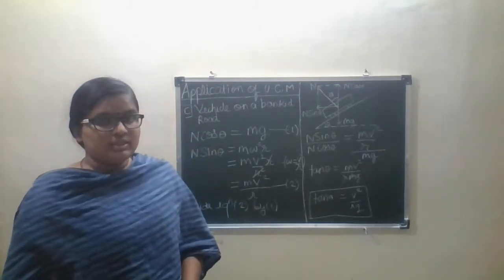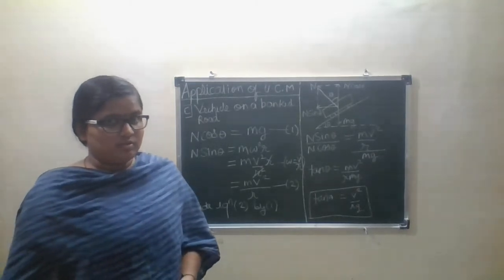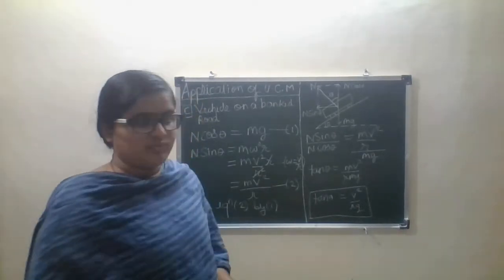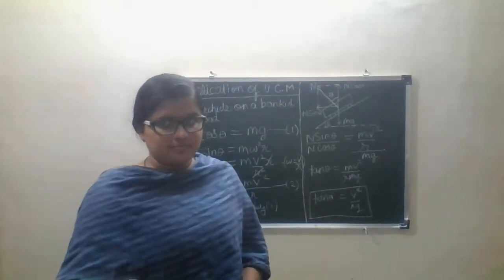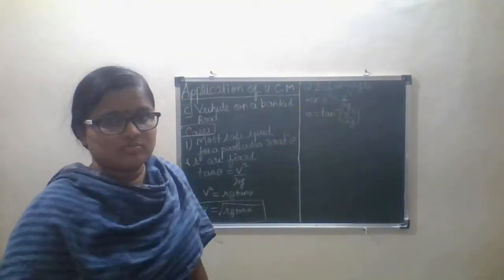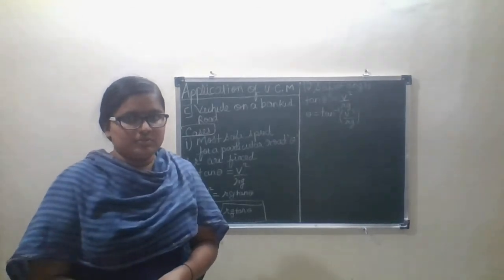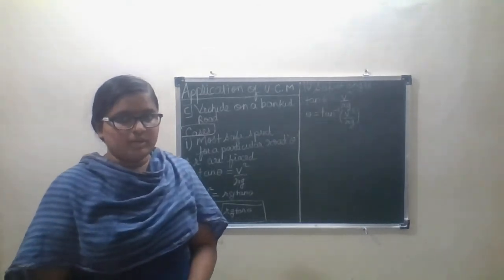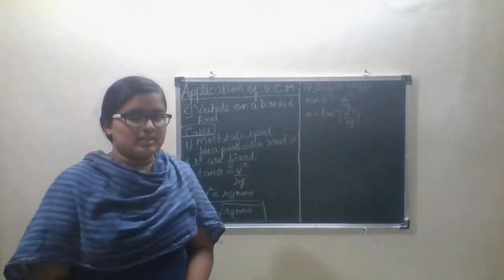Now we will see the various cases of this equation, the speed limit. Now we have seen the vehicle on a banked road, and now we have to see what the cases are.